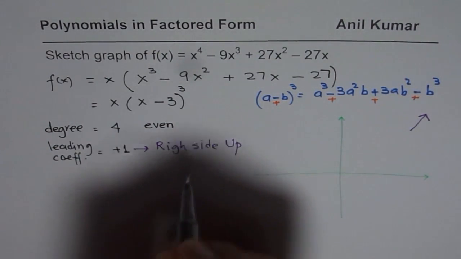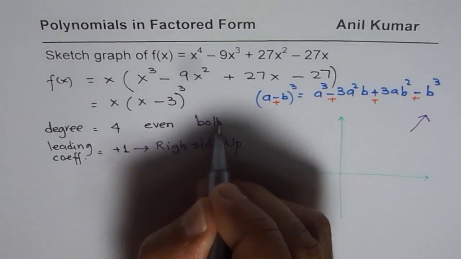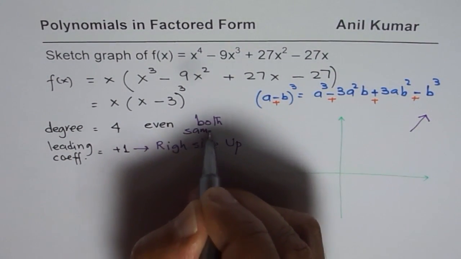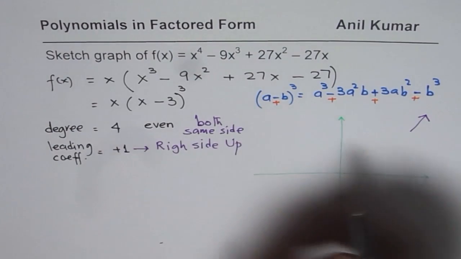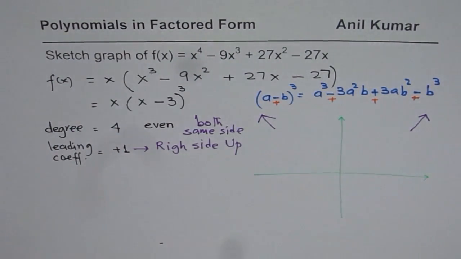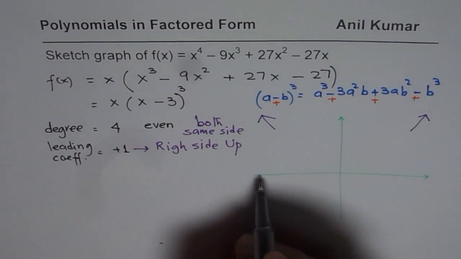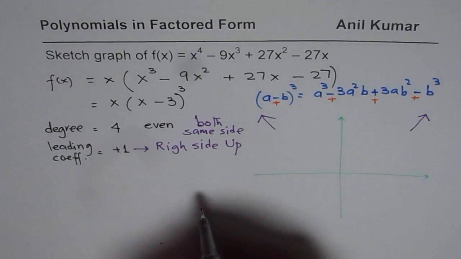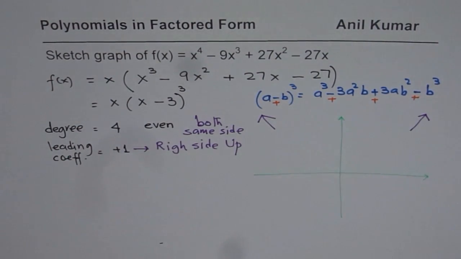When we say even, then we say both same side. Both same side means the right side is up, the left is also up. So that is the end behavior. When x approaches negative infinity, y approaches positive infinity. When x approaches positive infinity, y approaches positive infinity. So in both cases, right?